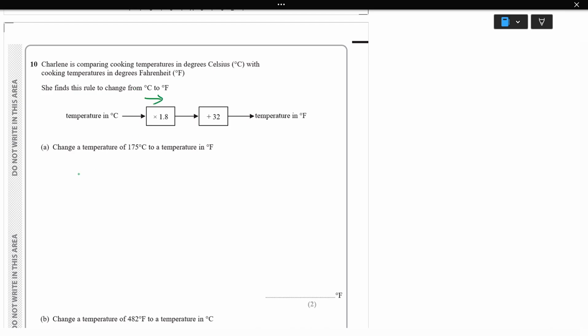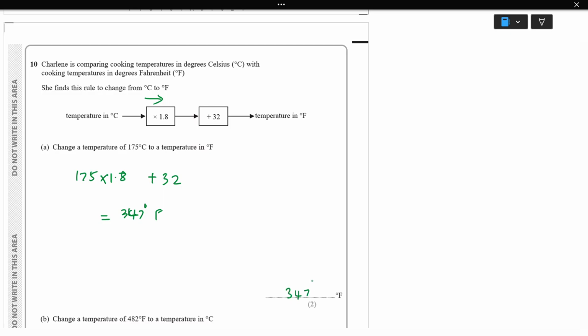So Celsius is 175. First we need to multiply by 1.8. That answer plus 32. Next we need to do plus 32. We'll get the Fahrenheit. So 175 times 1.8, the answer is going to be 347 degrees Fahrenheit.